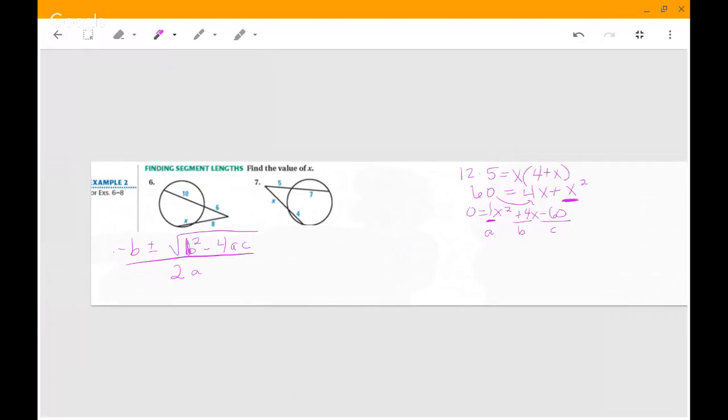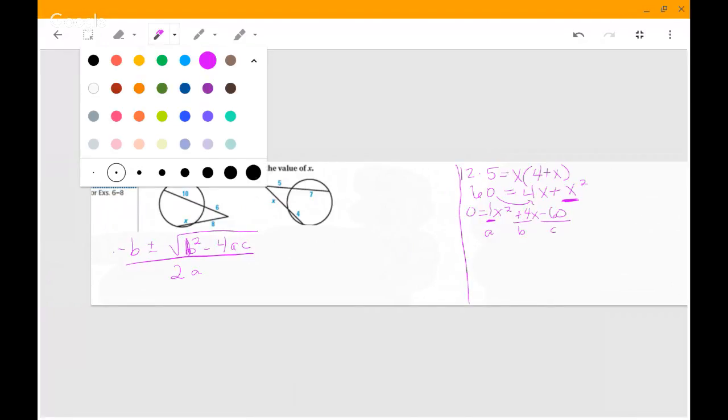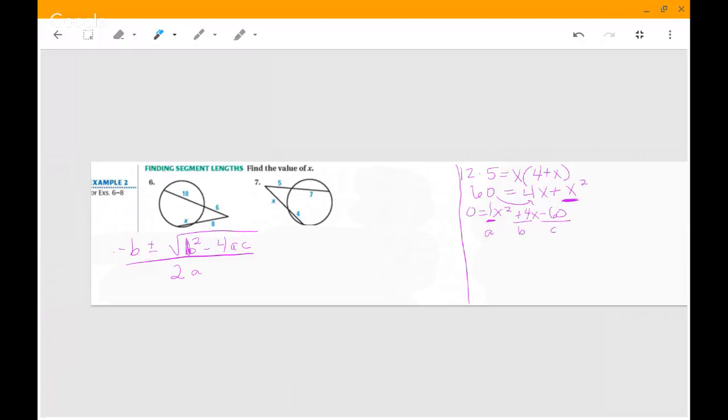So then you plug those numbers into the formula. So you'd have the opposite of B, negative 4, plus and minus the square root of b squared.